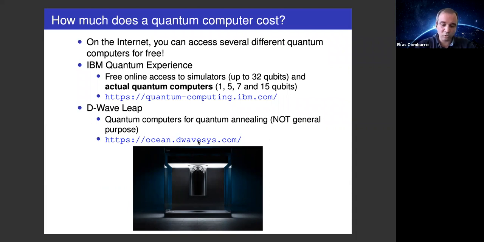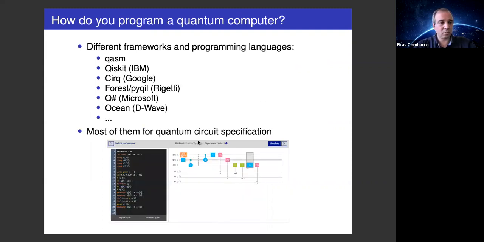Not the most powerful ones, but they are quite interesting, and you can use them to start learning about how to program these quantum computers. And there are many different quantum programming languages that have been developed in the last few years. Here I have listed some of them, for instance, Qiskit or Cirq, which is developed by Google.